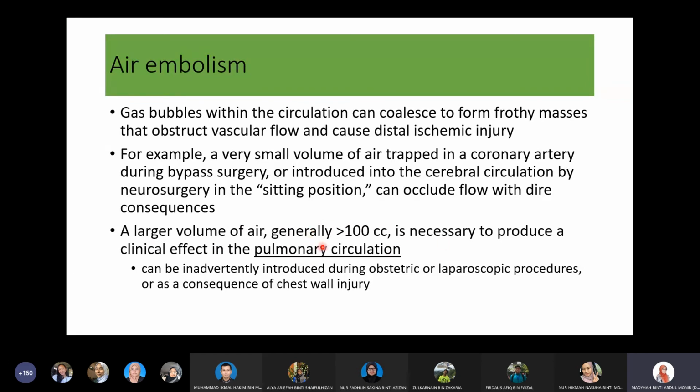This can occur if air is introduced during obstetric or laparoscopic procedures, or when patients sometimes develop chest wall injury. So air can be introduced into the pulmonary or lung circulation this way.